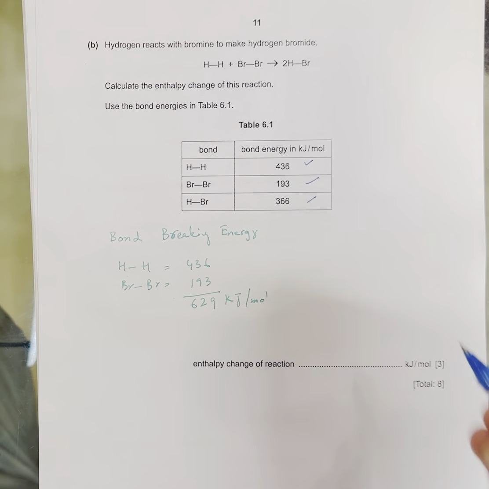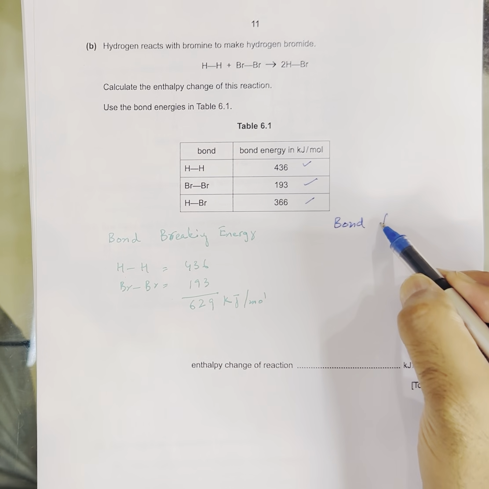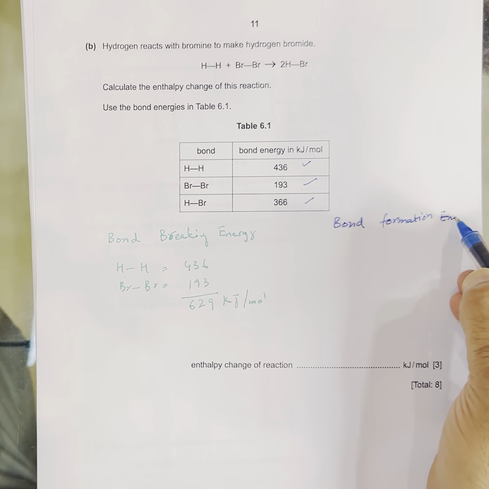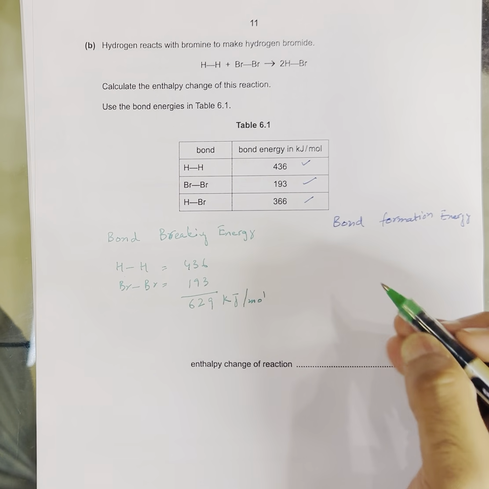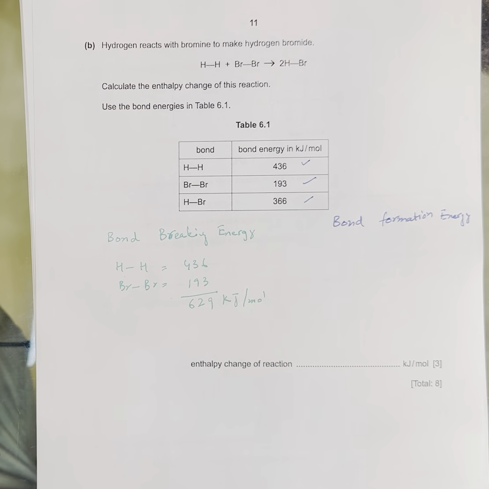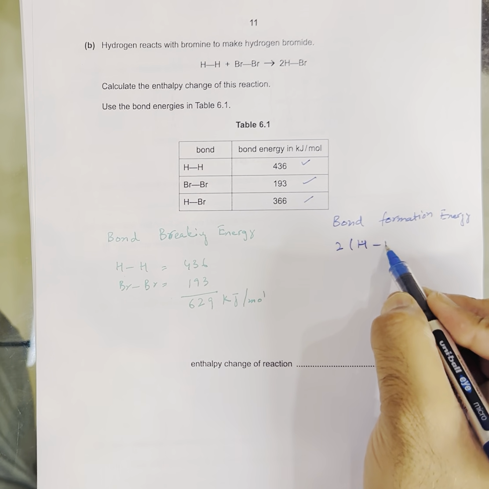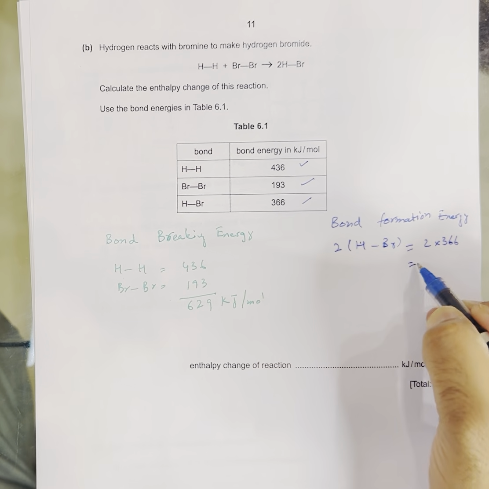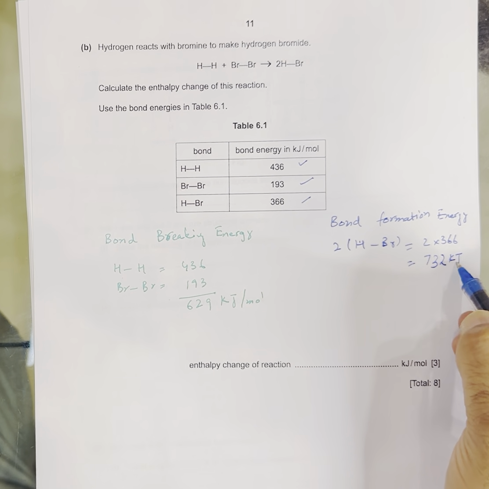Now we need the bond formation energy. 2HBr, so 2HBr means 366 multiplied by 2. 2 into 366, the answer would be 732 kilojoule per mole.